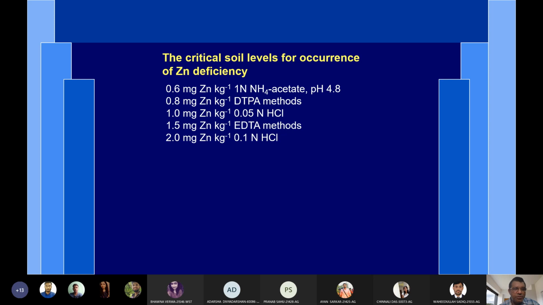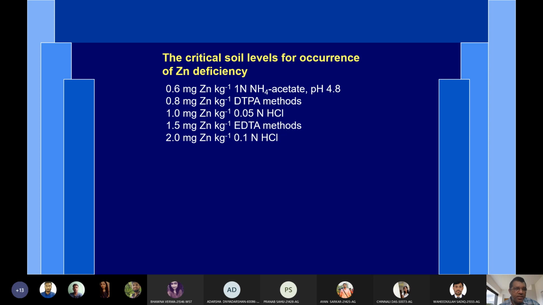Now see the critical soil levels for occurrence of zinc deficiency. This question is usually asked of students: what are the critical levels in soil as well as in plant for zinc deficiency? In this case, you need to remember that for soil, it is 0.6 milligrams zinc per kg soil, or you can say 0.6 ppm is the critical level of zinc in soil if the extractant is ammonium acetate.